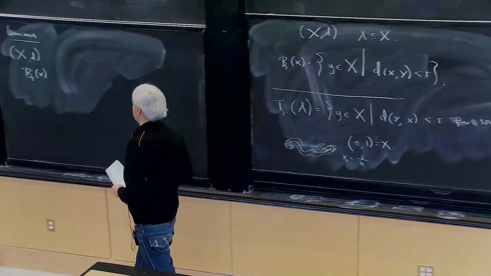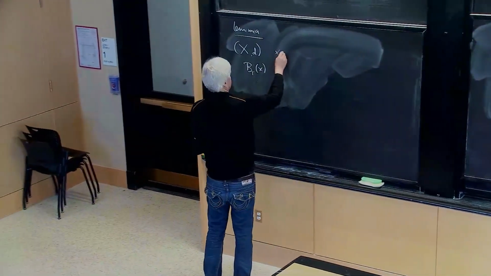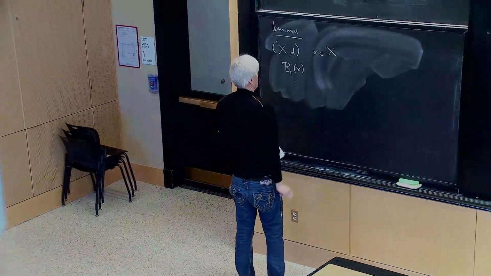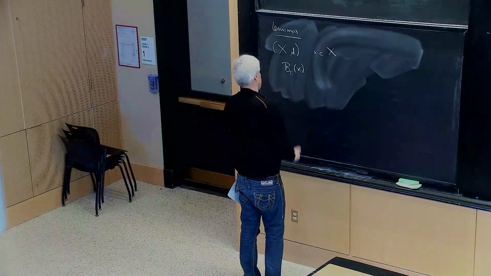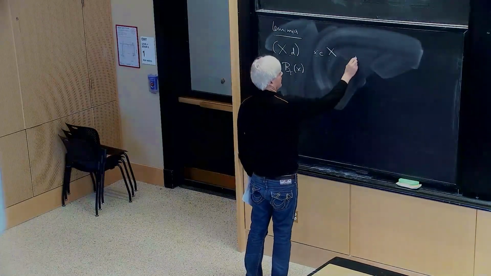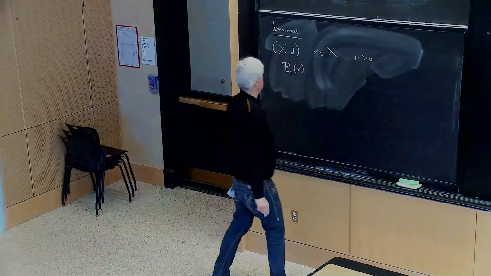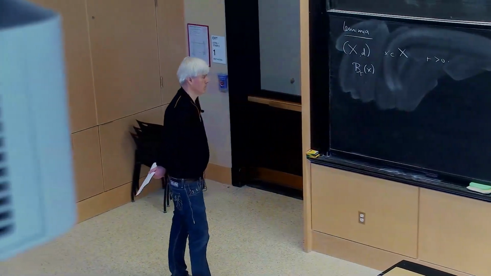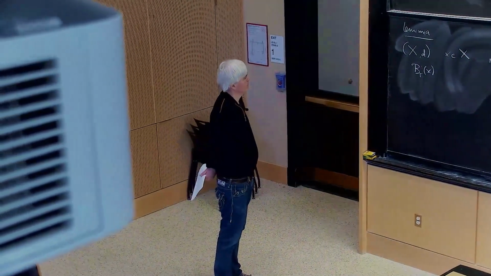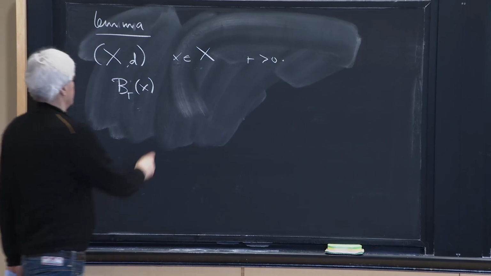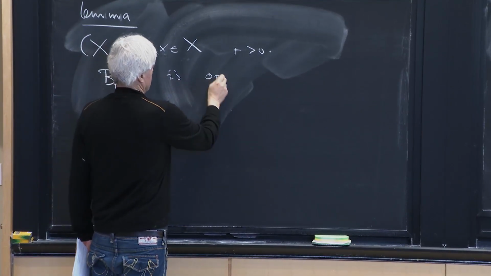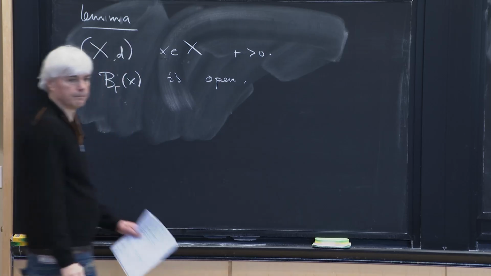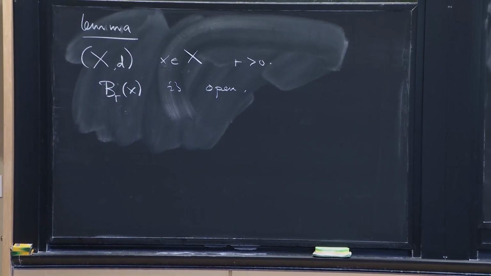So for a metric space, x here is in X. It could be any element in X. This r here is strictly positive. Then this thing here is open. Any metric ball like this is an open subset. Okay, let's try to prove that.